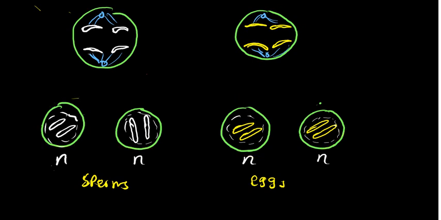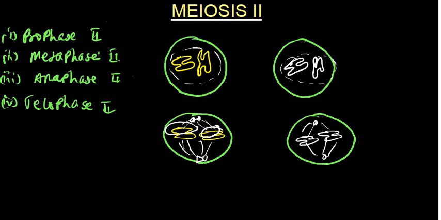Then this is the end of meiosis II. Then what do you think will happen if the homologous chromosomes did not separate, or the sister chromatids did not separate? Let's say here, this chromosome, instead of separating its sister chromatids, the whole of it was just put to one side.